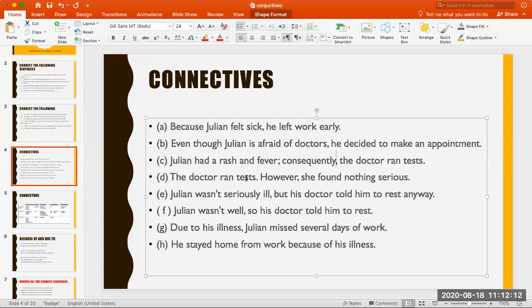The doctor ran tests. However, she found nothing serious. Again, these are two simple sentences. If you want to make them compound, you remove the full stop, add a semicolon, not a comma. This is a common mistake. Students would say, the doctor ran tests, comma, however, comma, she found nothing serious.